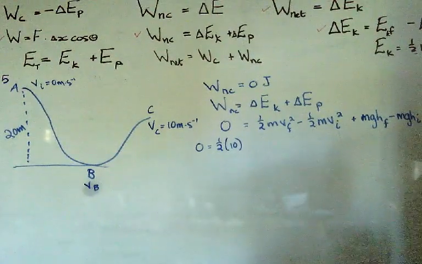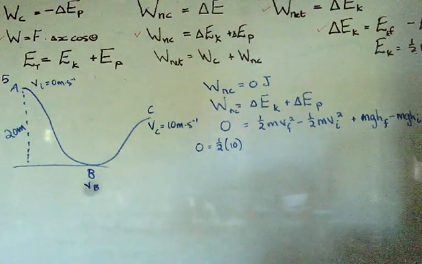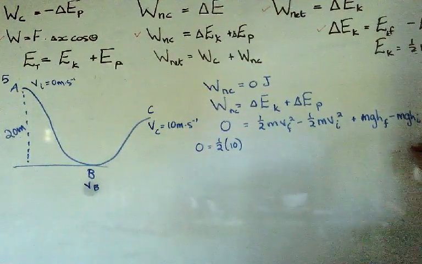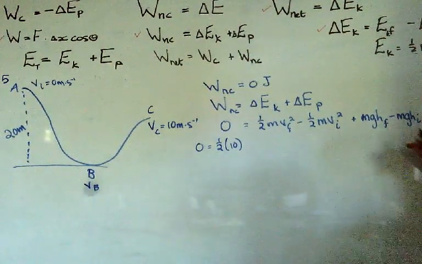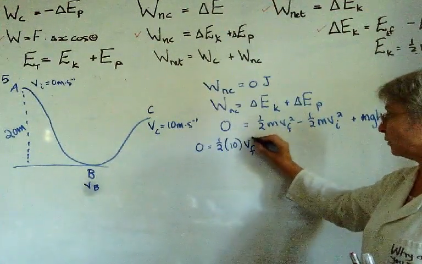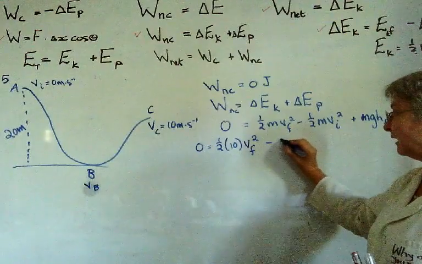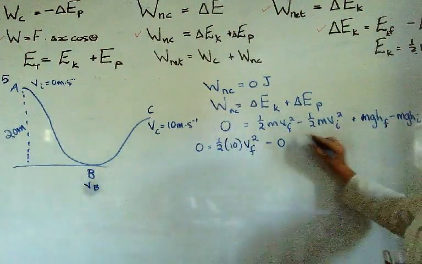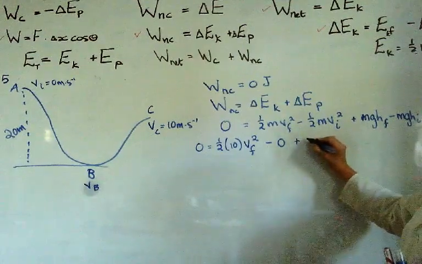Vf is the one we want. Vi is 0, so the kinetic energy will be 0. Plus 10 times 9.8 times 20, and the initial height. So, 20. No, I'm wrong.